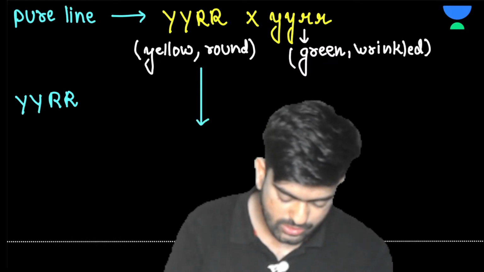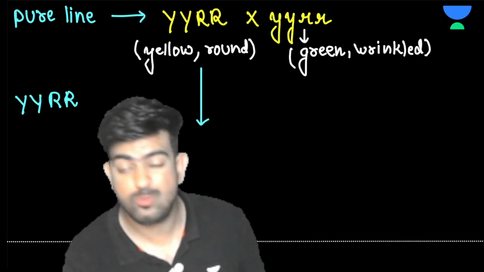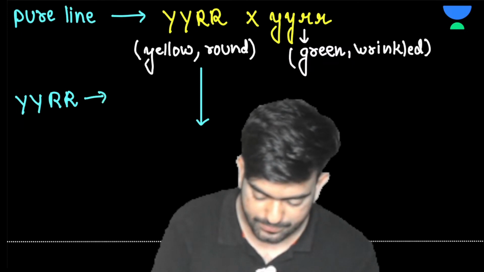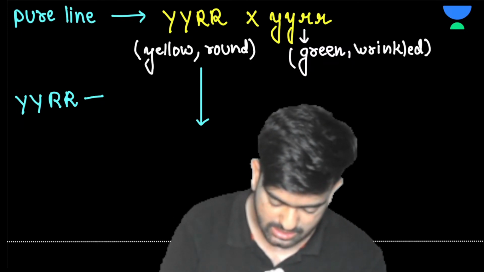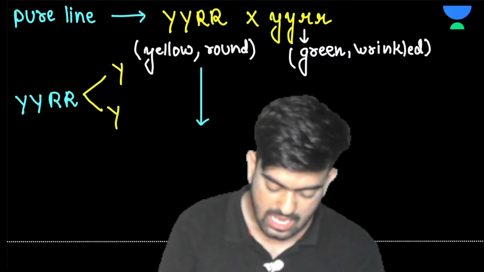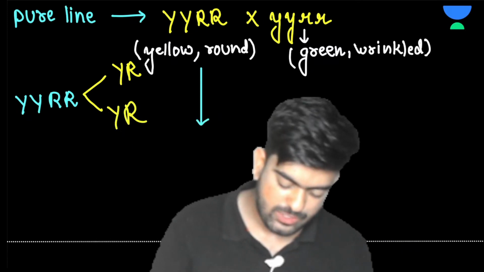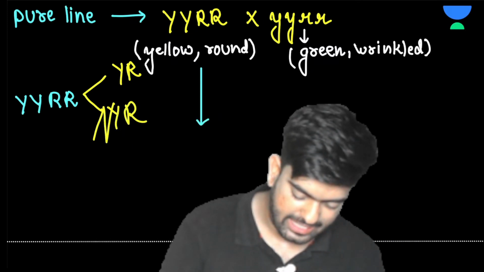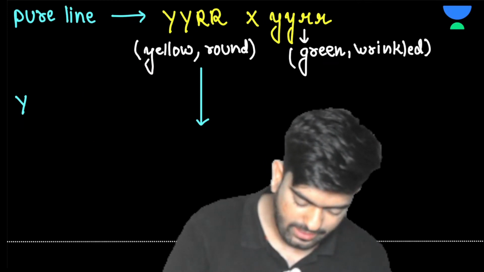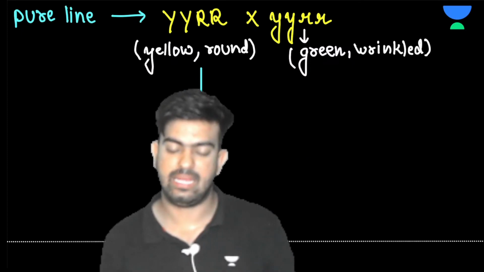Both are homozygous pairs, so for the gametes we can write capital Y and capital R. So here we have the gametes, capital Y and capital R.